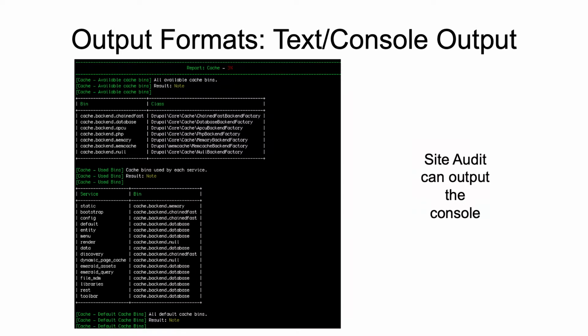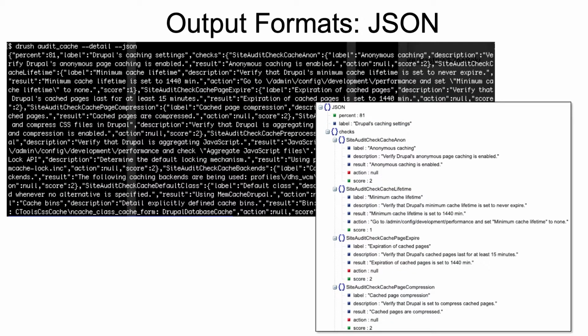So we can output to the console. We can also output in JSON format, which makes it easy if you have a script running to check the reports to see where there may be issues. You can easily parse that JSON in your script and pull that information out and maybe trigger an email to be sent if there's an issue.